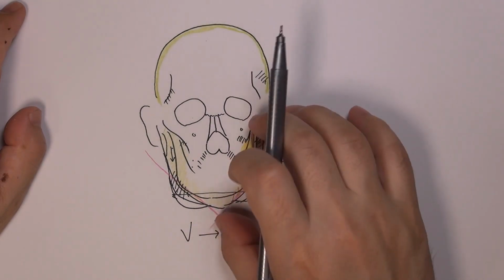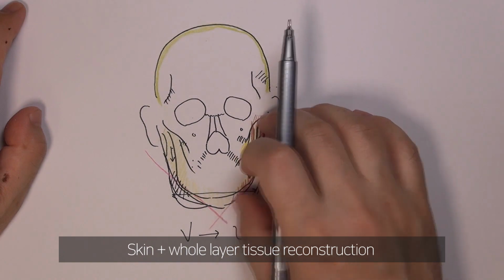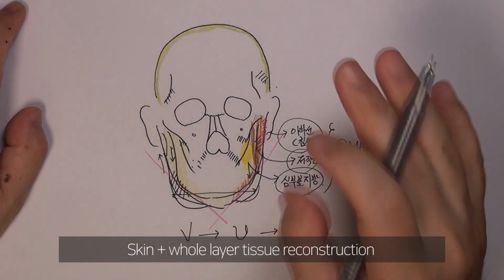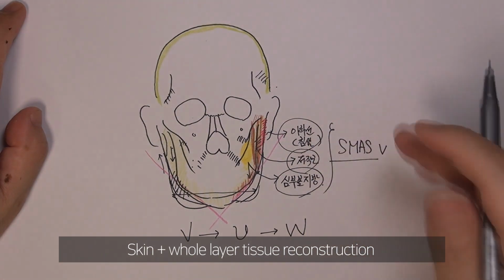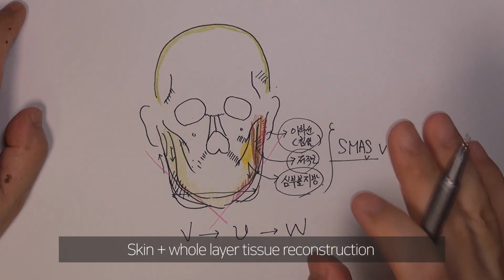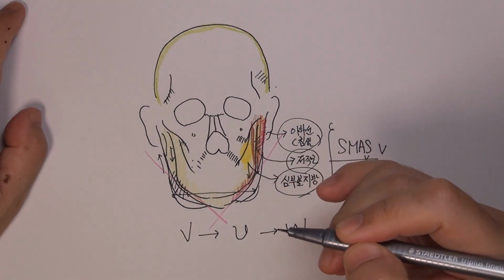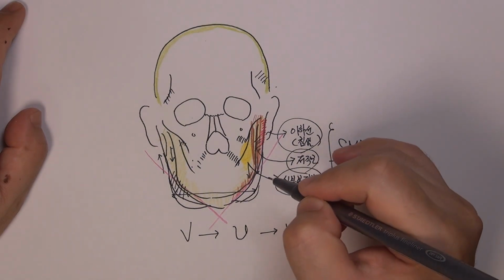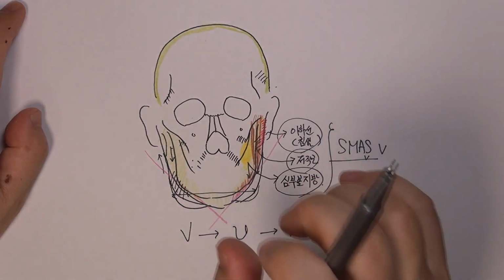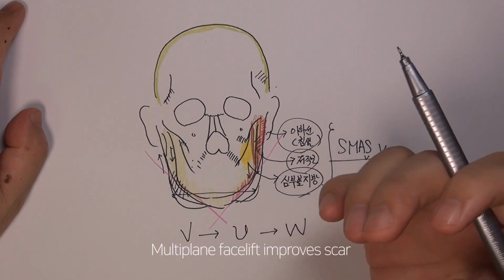Skin layer only lifting results in an unsatisfactory outcome with a wide scar, like a balloon filled with heavy water. That's why the whole layer should be reconstructed and restored to its original position, including the SMAS, facial expression muscles, and adjacent fascia.